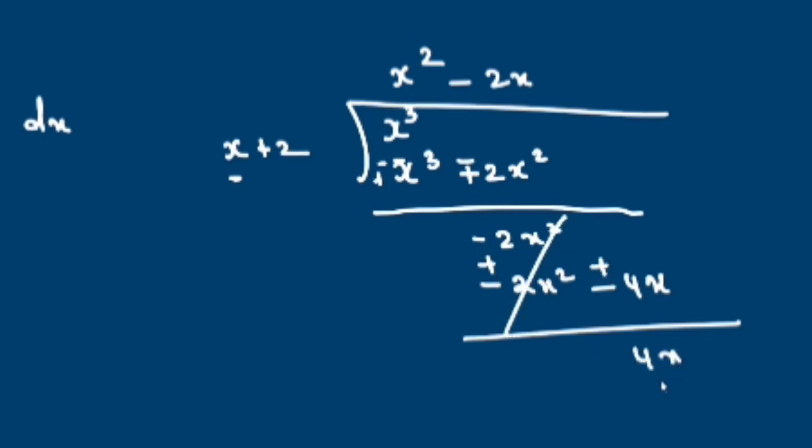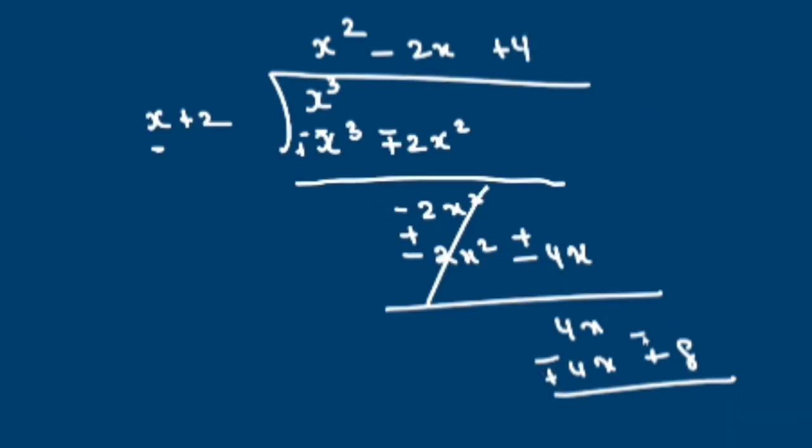Still you can divide because you have the same degree here. So, 4x by x will give you 4. Multiply. So, it will become 4x plus 8. So, this is minus. Now we can stop because we got a constant and its degree is less than this. This is 1 here and this is 0.